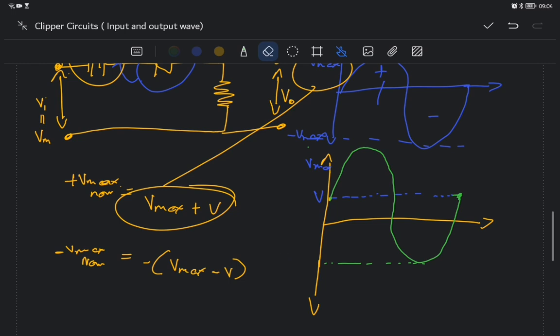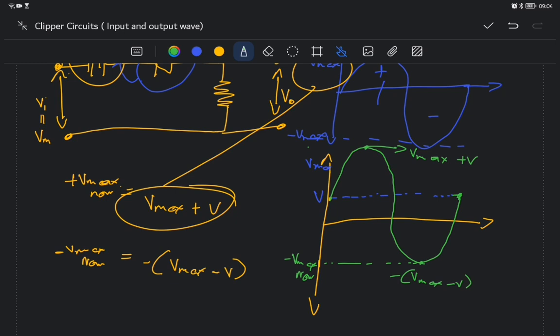It's not Vmax, but it's Vmax new. But if we're gonna account for that point, it's still the same thing. That point there will be negative Vmax minus V, everything in negative parentheses. And then that point there will be Vmax plus V. Okay?